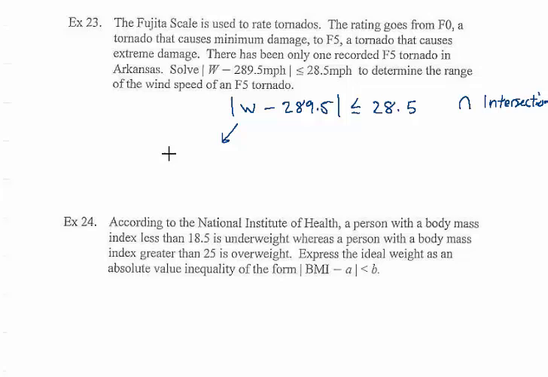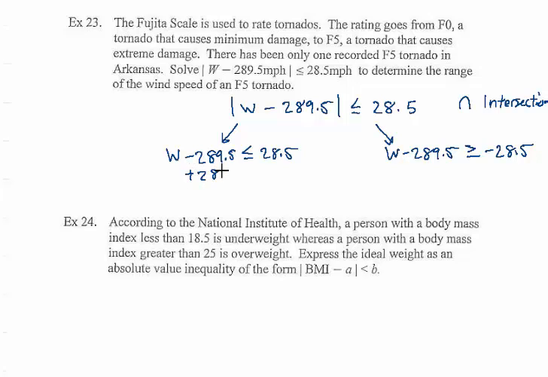So we break it up into two inequalities. The first one we just drop the bars. The second one we drop the bars, flip the inequality, and make the 28.5 negative. For both of them, we add 289.5 to both sides. And we end up with, let's see, we add these two.